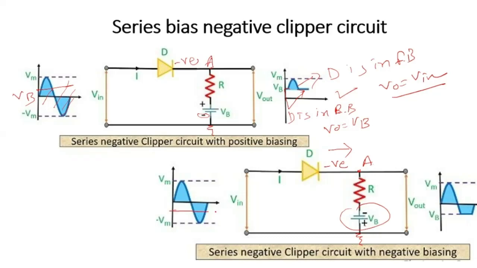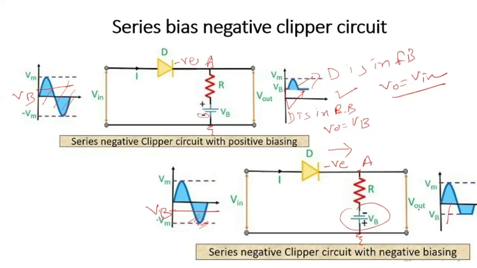So the negative reference voltage is connected to the negative cycle. With respect to this reference voltage, the negative part we have to clip, so this much part will be clipped. For the positive half cycle, it is non-clipping time.